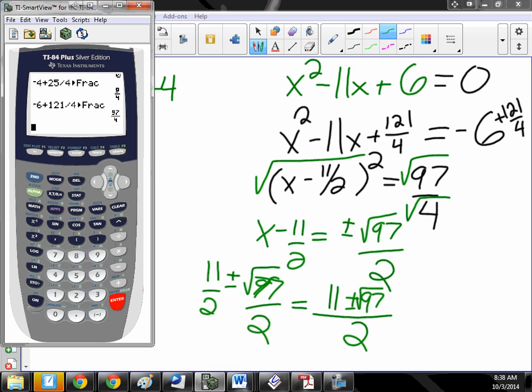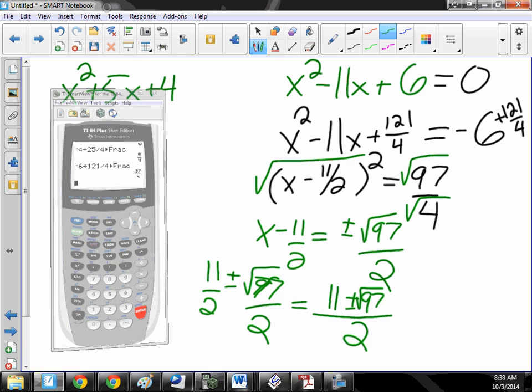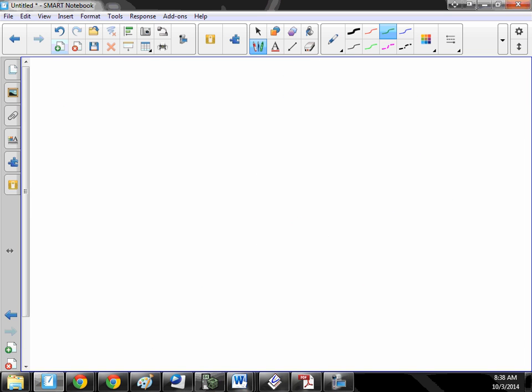Okay, now for a really hard one. Okay, we have a problem here. Completing the square does not work with the leading coefficient. Period. It just doesn't work, ever.